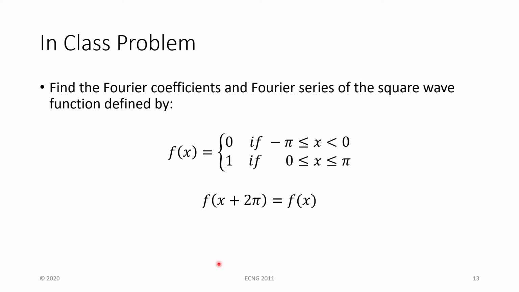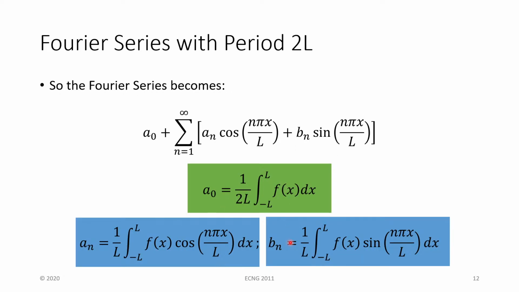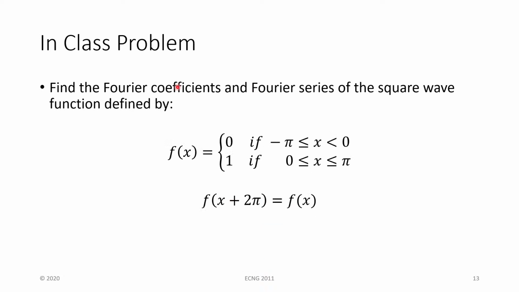Alright, so let's actually apply the Fourier series equations that we just now saw here, shaded in green and blue, to solve for our Fourier coefficients for this general square wave function here defined by this equation. And we're also given the periodic property here of f of x. So basically this f of x here is going to be 0 between negative pi and 0, and 1 between 0 and positive pi.